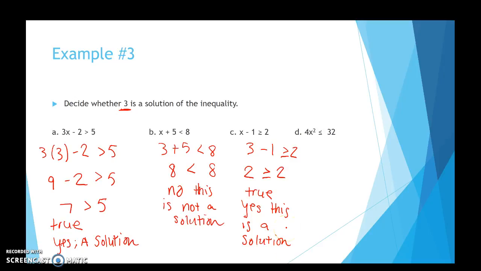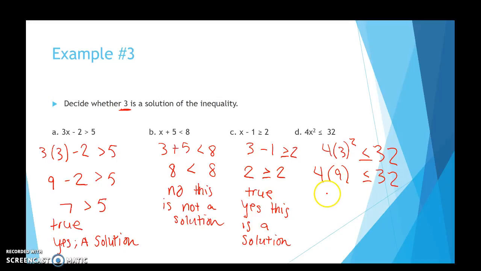The last example here, D, again, we substitute 3 in for x, so it's going to be 4 times 3 squared is less than or equal to 32. Well, 3 squared gives me 9. Think of order of operations here, so that's going to be 4 times 9. Is that less than or equal to 32?